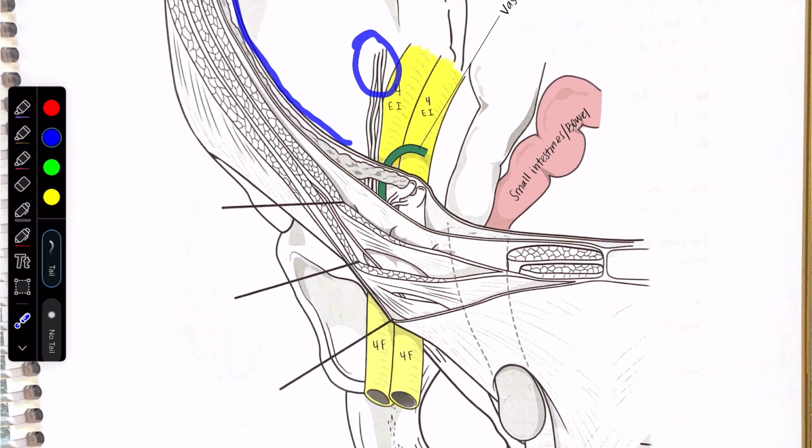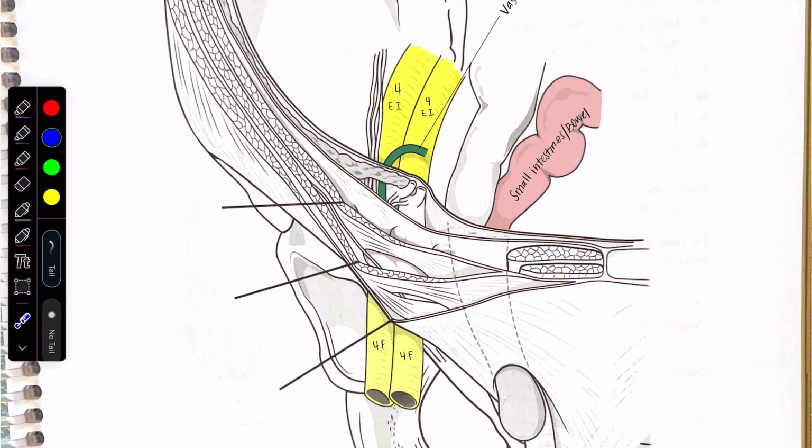This is going to be those testicular vessels, so vein, artery, nerve, and lymph right there. There's your vas deferens. This is going to be your rectus abdominis, and then this is pyramidalis muscle.